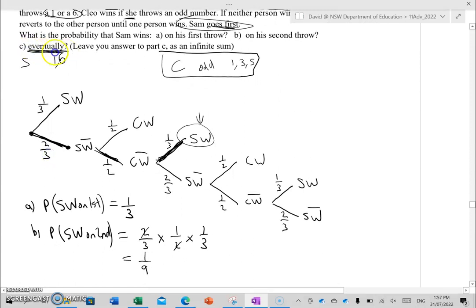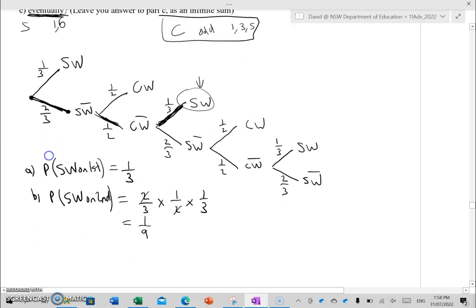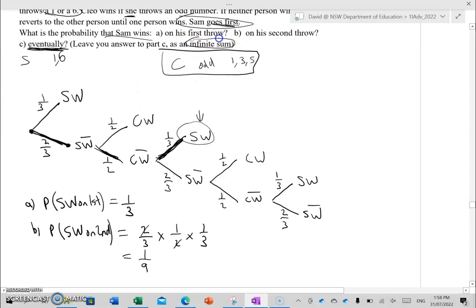And part C is, what is the probability that Sam wins eventually? So Sam could win, if it's eventually, he could win on first, he could win on second, he could win on third. And it says leave your answer as an infinite sum. So you can see that this is going to keep going on forever and ever. So I'll do part C up here.